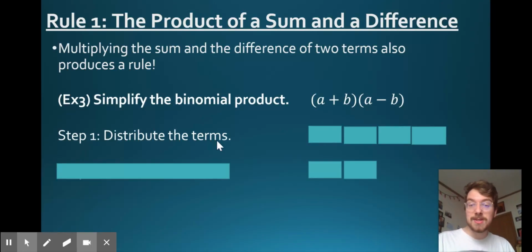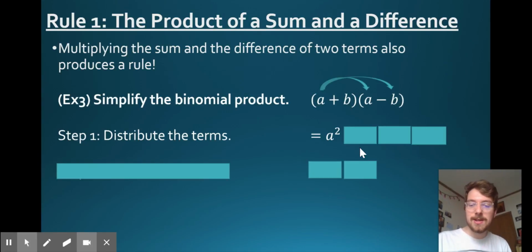I want to distribute my terms to start off with. So I want to do A times A. So again, it's going to give me A squared. We already reviewed this. I got to do A times the other term, which is a negative B. So I'm doing A times negative B, two different variables. We want to slap those together too.